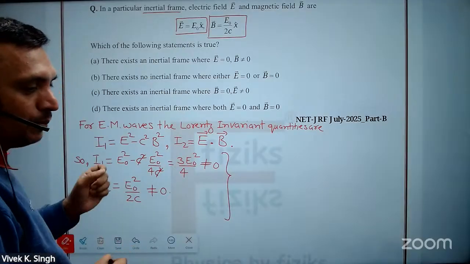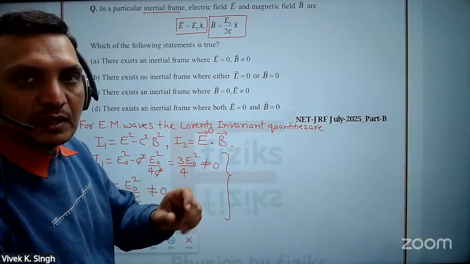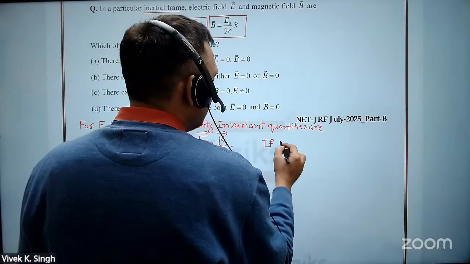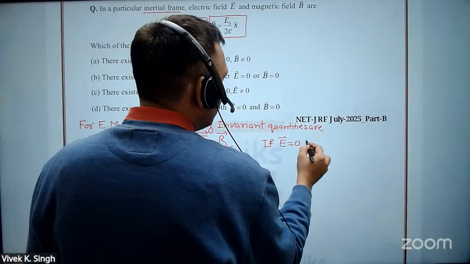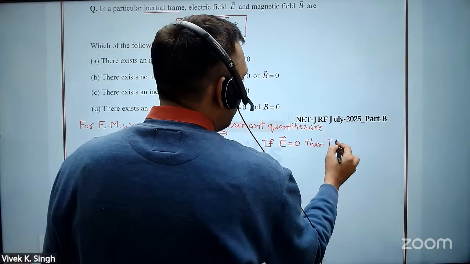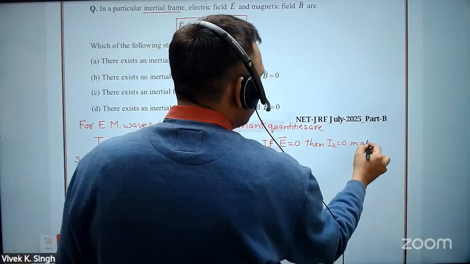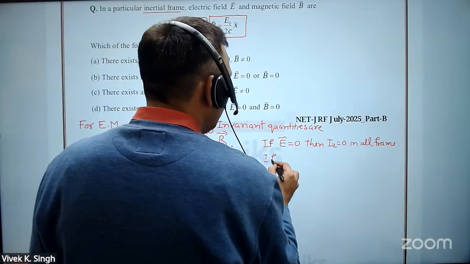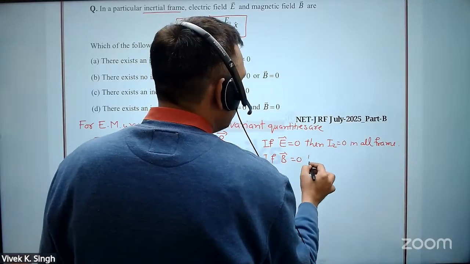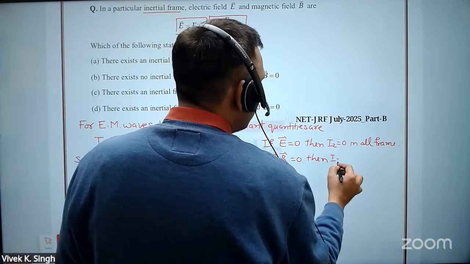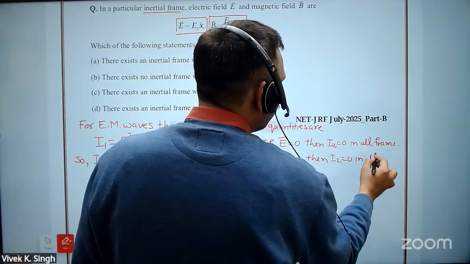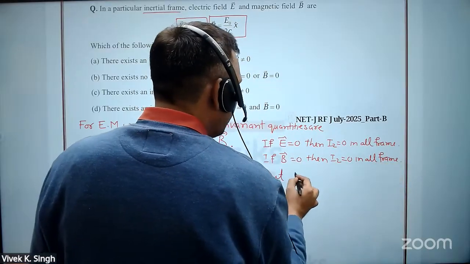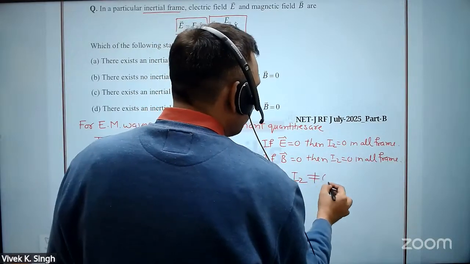It means both E equal to 0 and B equal to 0 are not possible. Because if E is equal to 0, then I2 is 0 in all frames, and also if B is equal to 0, then I2 is 0 in all frames. But here you are getting I2 non-zero.